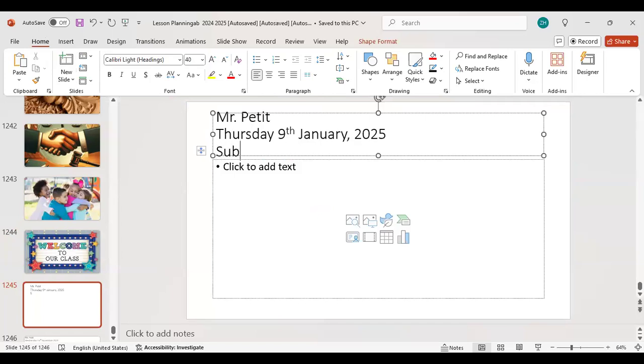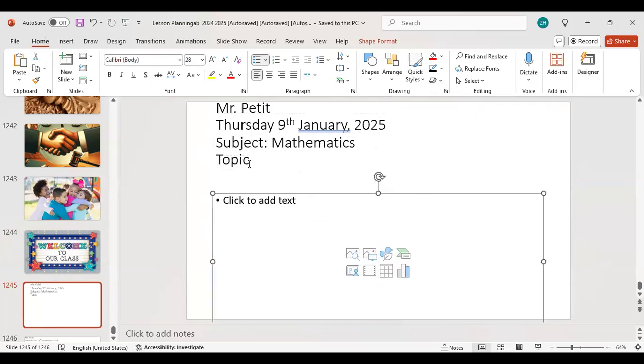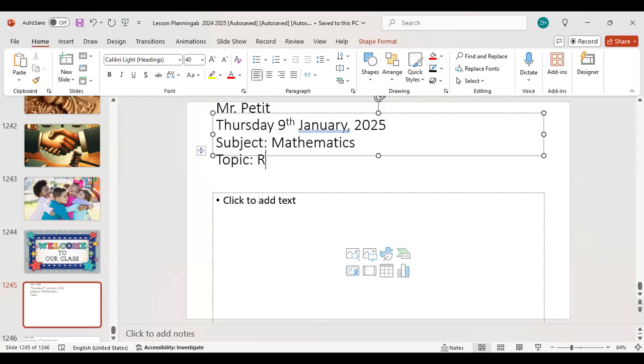The subject is, of course, mathematics, and the topic is ratios part 4. Ratio word problems.